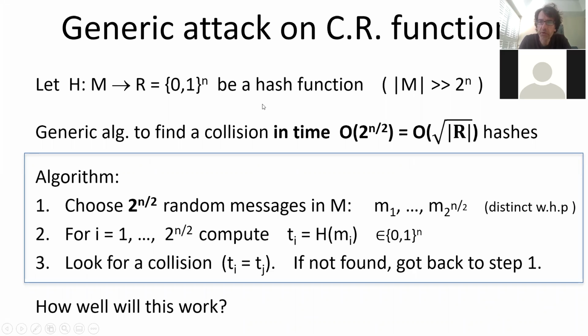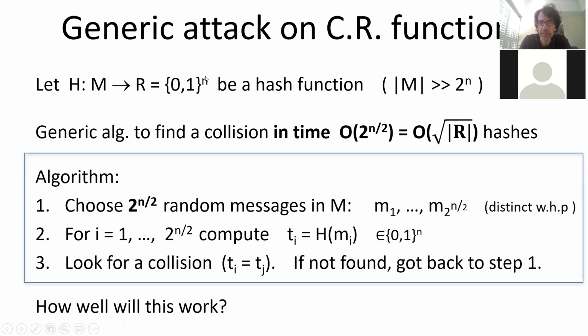Hash functions have the following generic attack. Whatever the range is, the following generic algorithm finds collisions. So let's say that the range has n bits. So the range is n-bit strings. The generic algorithm can find collisions in time 2 to the n over 2.